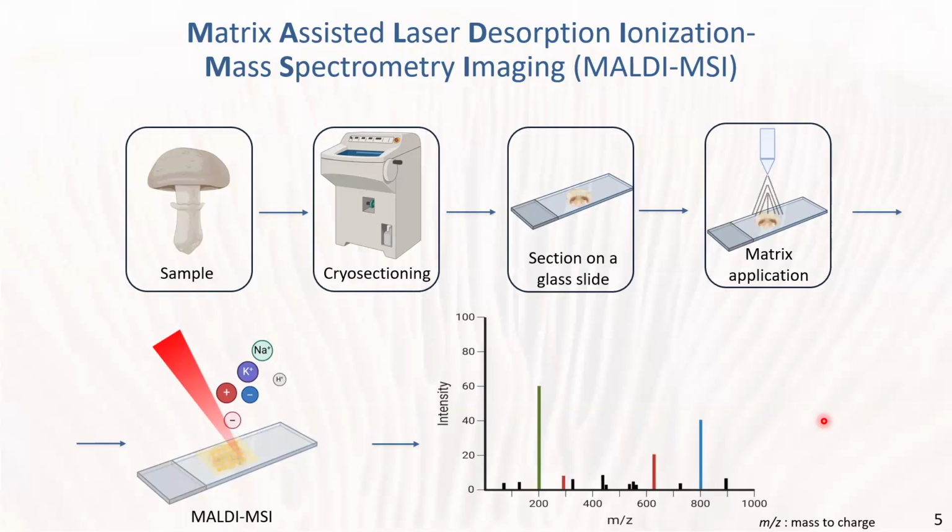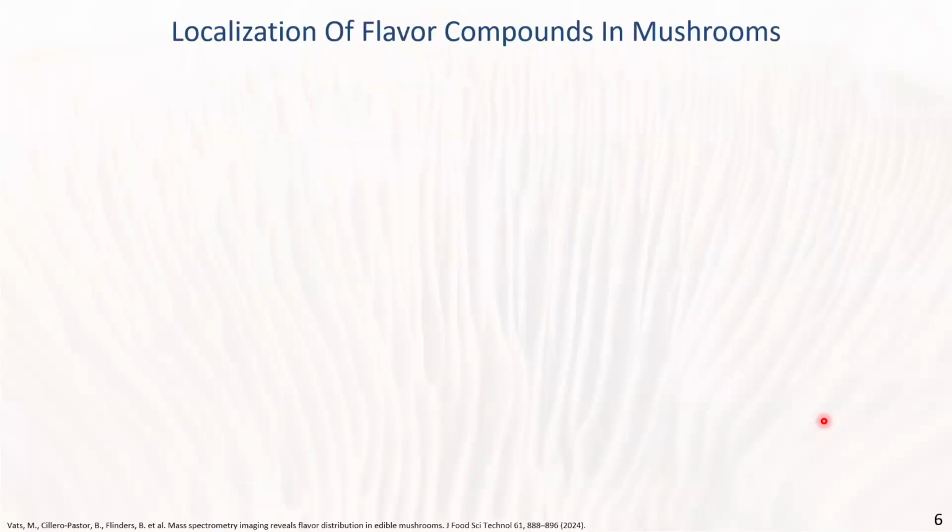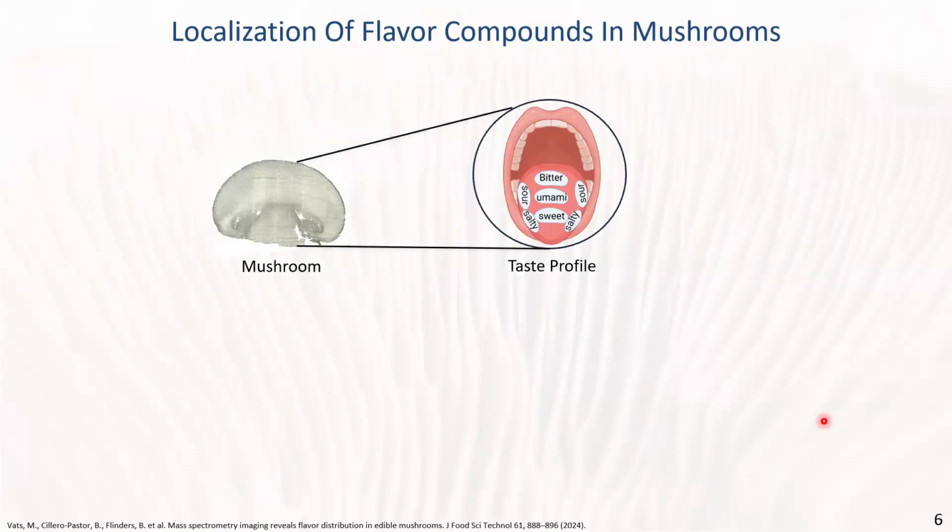And so the peaks here in green, red, and blue are showing three different compounds localized in three different regions of the mushroom. And if I combine all these three RGB images, then I get the spatial distribution of all the three in one image. So what I found among the flavor profile, I will show you in the next slide.